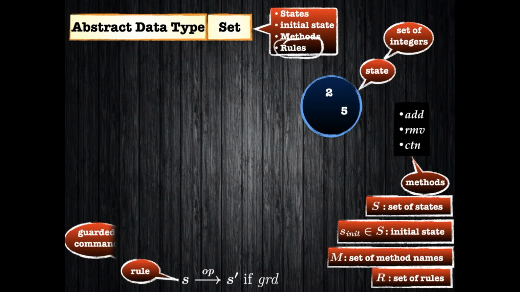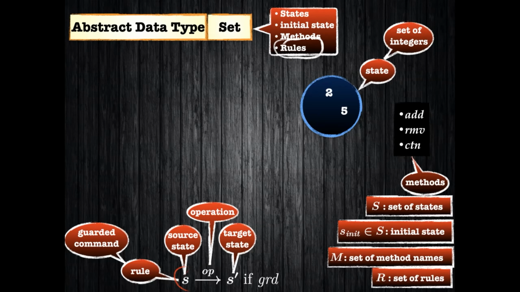Now, in fact, this we call a guarded command. Why? Because such a rule consists of 2 parts: the source state, target state, operation. This is the first part of the rule, which is called the command. In fact, this is a name which is used quite a lot in program analysis, correctness analysis.